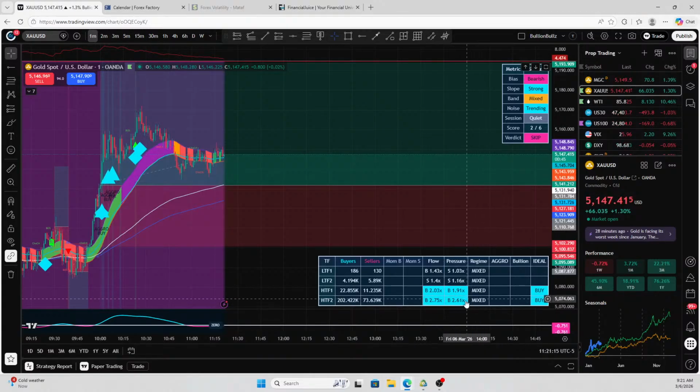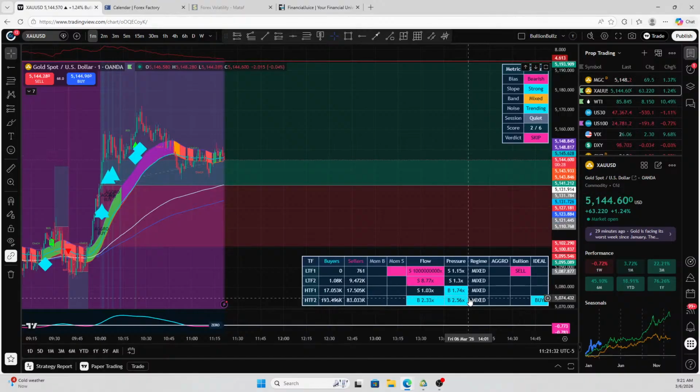So we're looking at this number right here. It has been above 2 since we have been in the trade, which is telling us that the buyers are holding the market. If this comes below 2, buyers have lost control and price will start dipping.